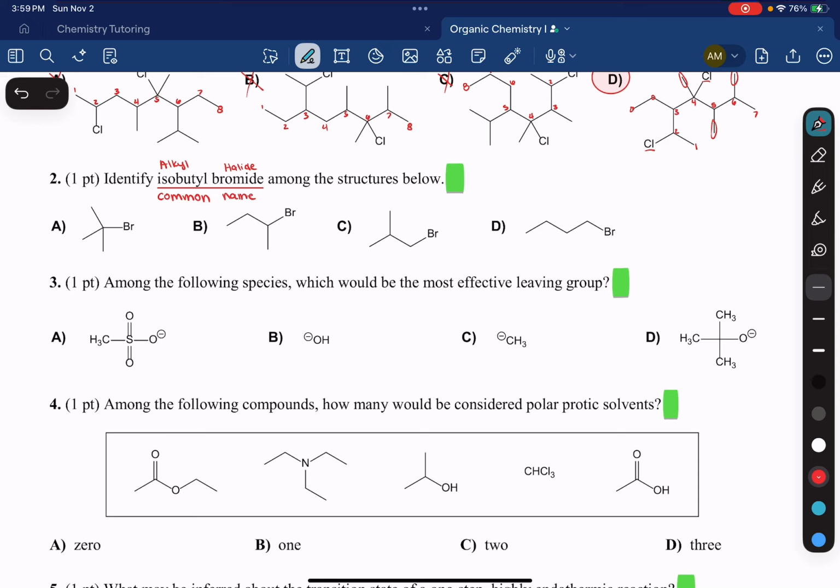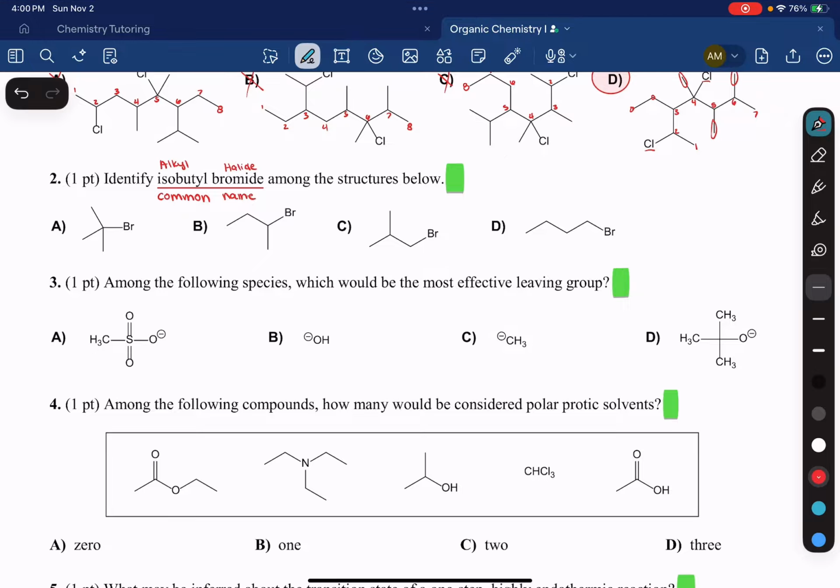Okay, isobutyl. Do you guys know what that looks like? You need to memorize all of your butane arrangements. And propane, because there's isopropyl, and I think that's the only one that also has another name. But those need to be memorized for sure.